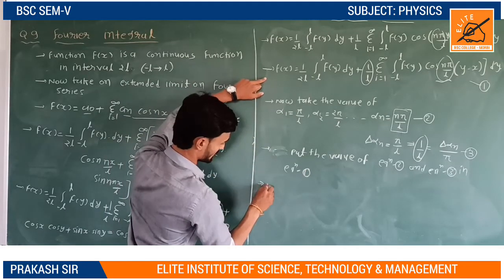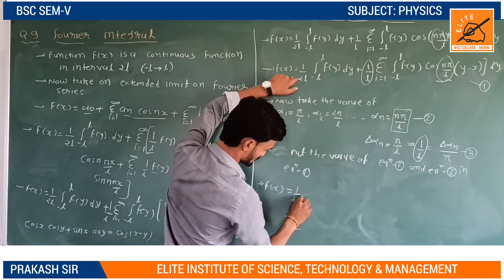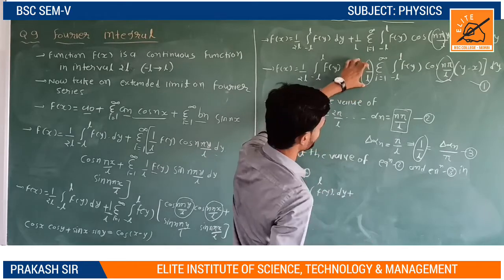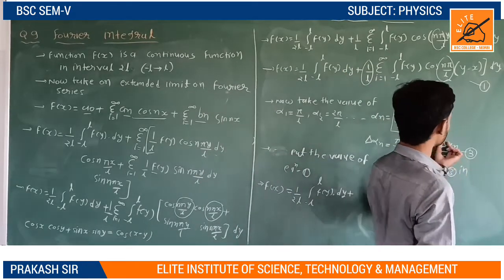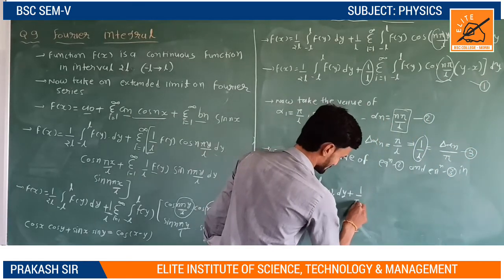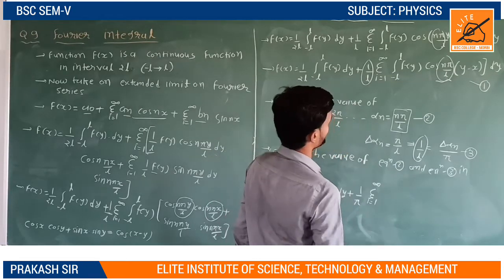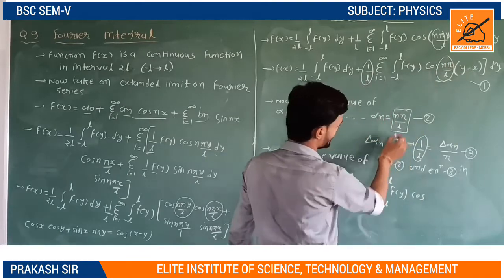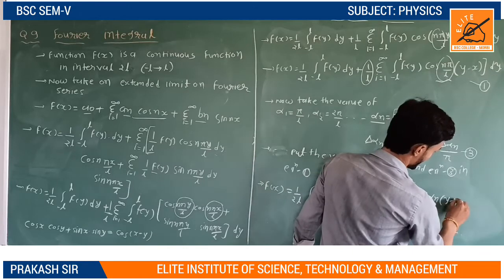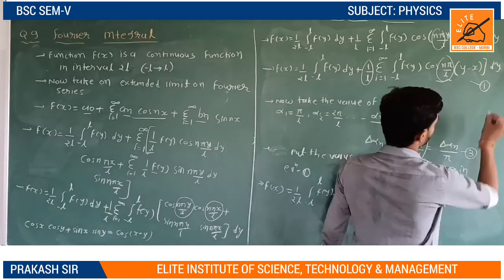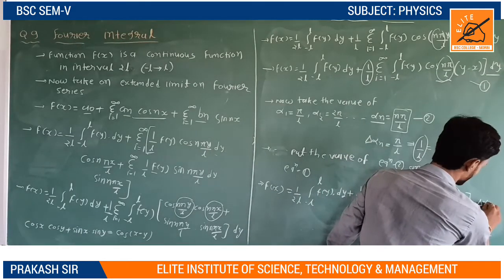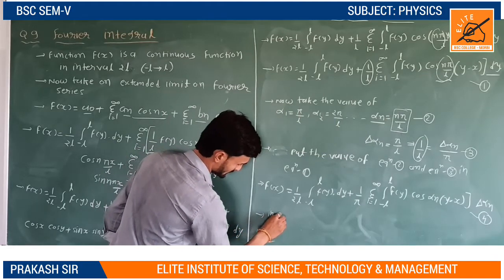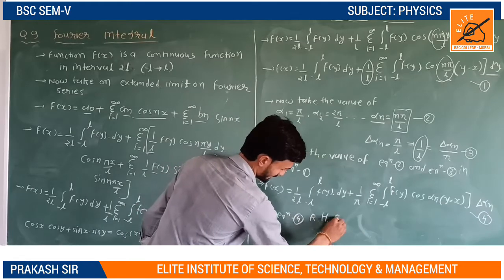So rewrite equation number 1: f of x is equal to 1 upon 2L integral minus L to L f of y into dy plus 1 upon pi summation of 1 to infinity integration minus L to L f of y into cos of alpha n times y minus x, replaced with delta alpha n. This is equation number 4.